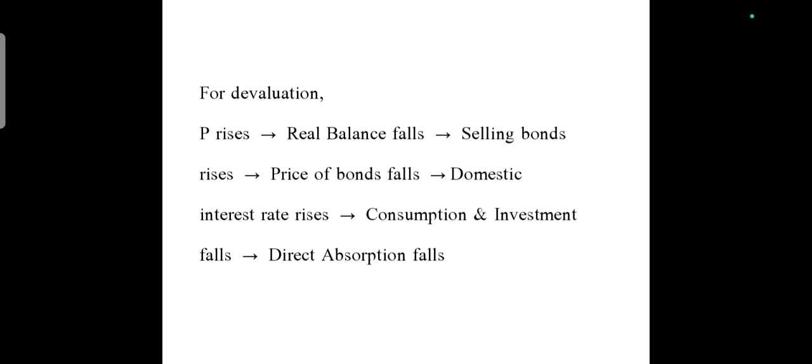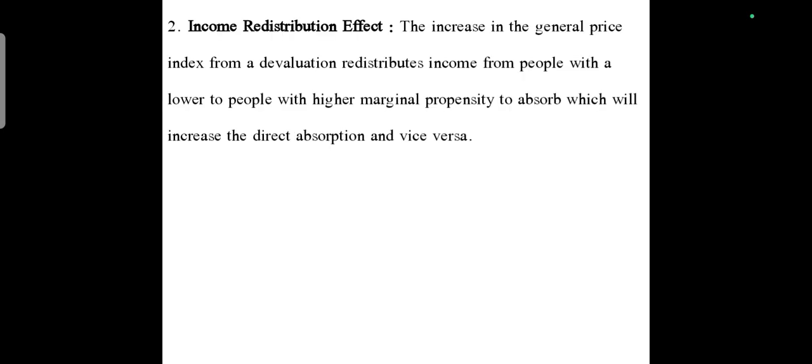And the rational consumers then start to sell their bonds. So the rise in selling bonds makes the price of bonds fall. So the domestic interest rate rises in this case, and this causes consumption and investment to fall, which ultimately leads to the fall in the direct absorption.